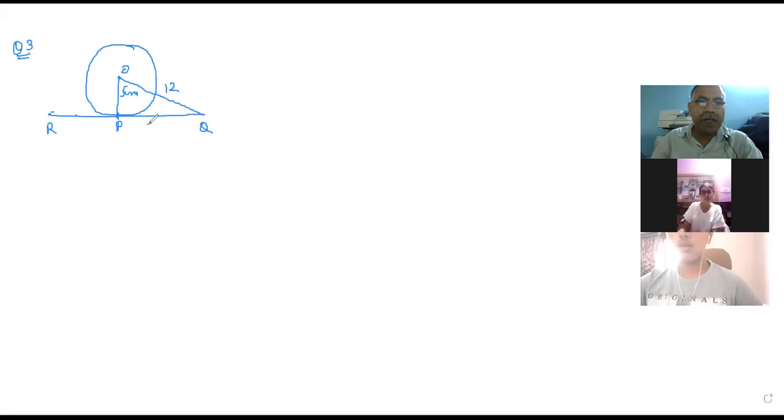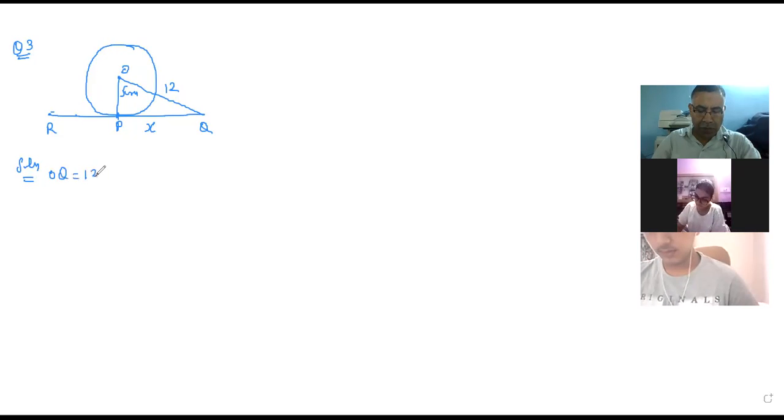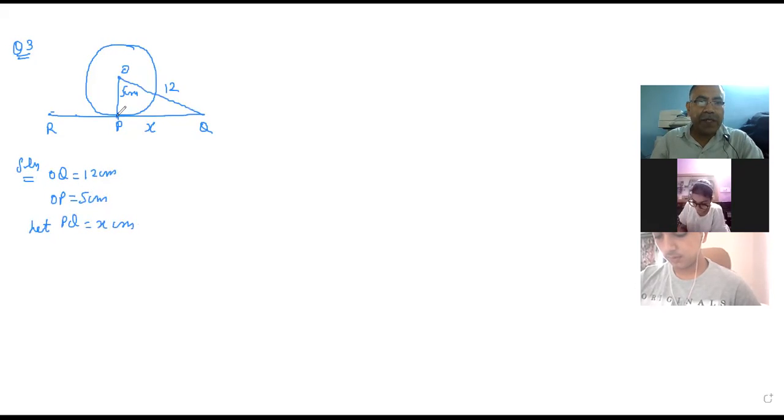I want to find out the length of this. I am going to suppose it as X. OQ is equal to 12 centimeters. OP is equal to 5 centimeters. I have to find PQ. Let PQ be equal to X centimeters. Now look, because P is a point of contact, at the point of contact the radius always makes an angle of 90 degrees.